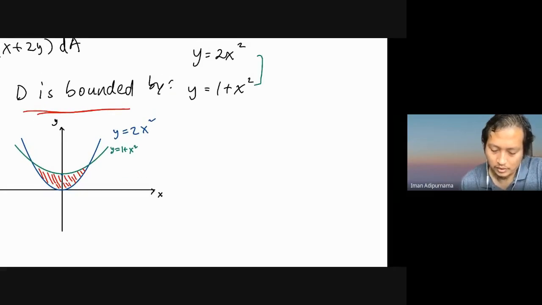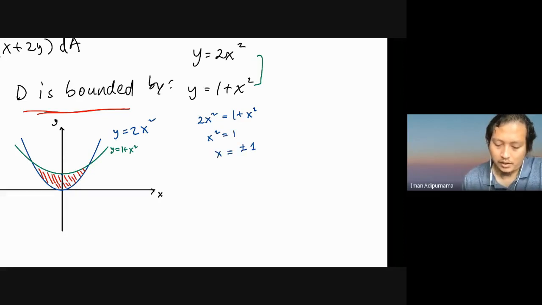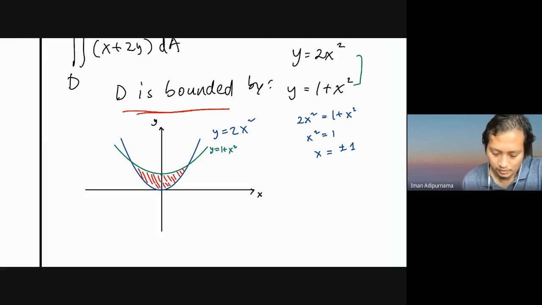So we can evaluate this and find the intersection, in which you can tell that it is at -1 and 1.